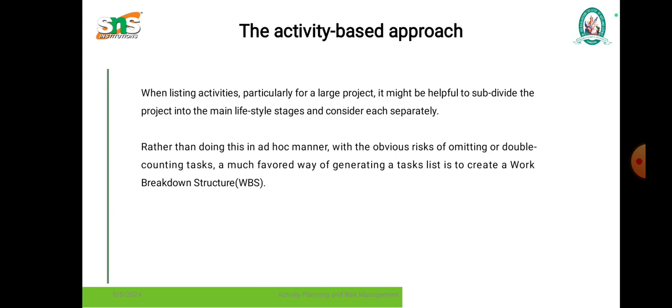When listing the activities, particularly for a large project, it is helpful to subdivide the project into the main life cycle stages. Rather than doing this in an ad hoc manner, with the obvious risk of omitting or double counting tasks, the much favored way of generating the tasks is to create a work breakdown structure, called a WBS.